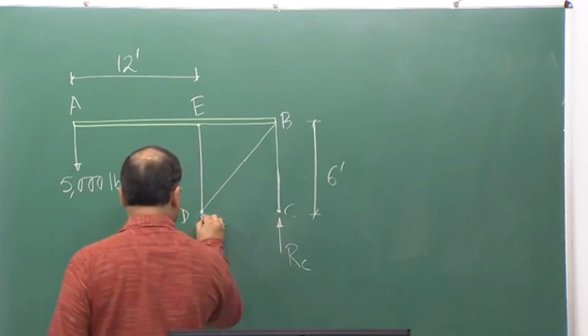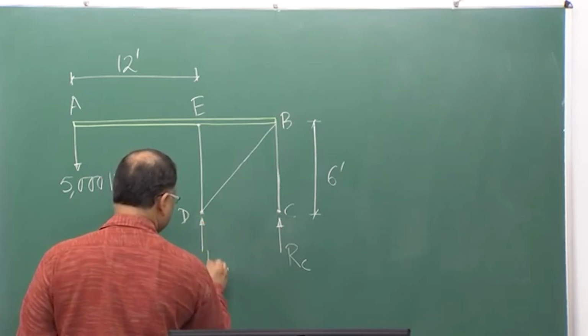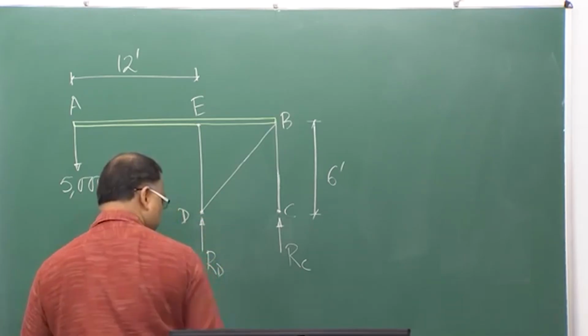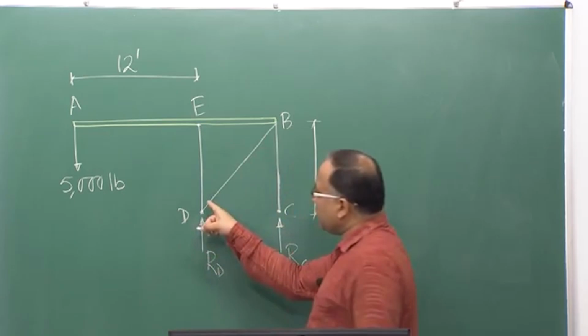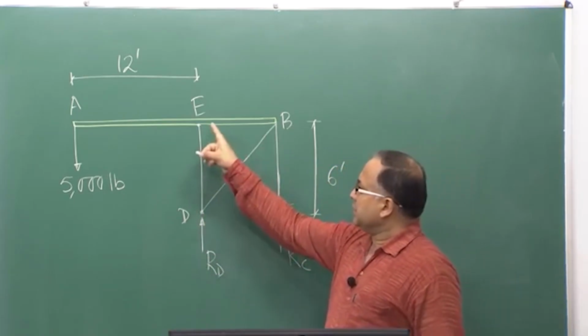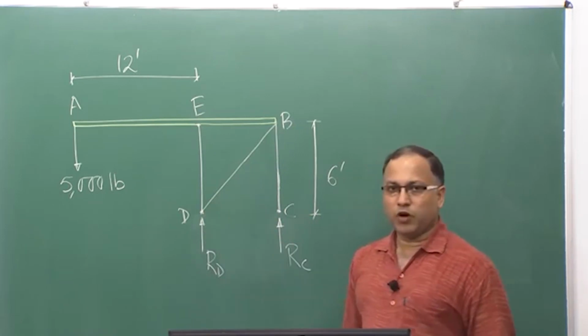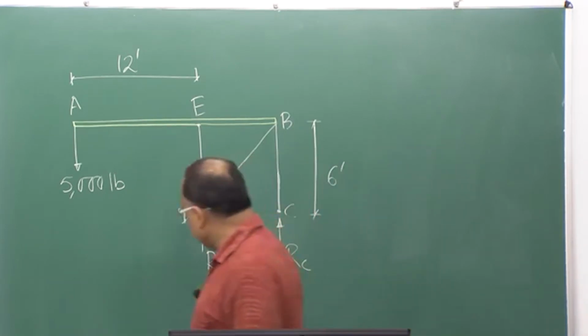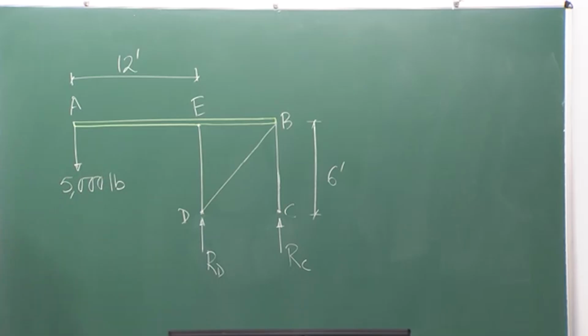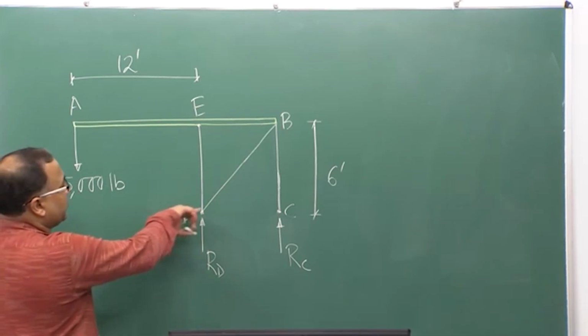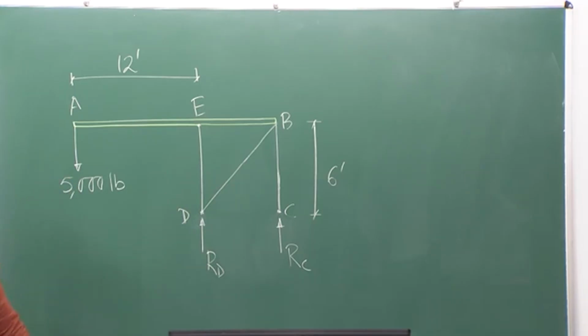Similarly, at point D you will be getting RD. Though you are having two different members ED as well as BD connected at the joint D, still you will be getting only the vertical force. Suppose you can have some horizontal reaction here; which force will take care of that horizontal reaction?